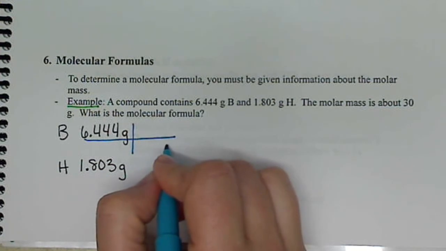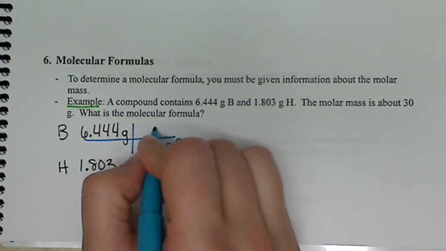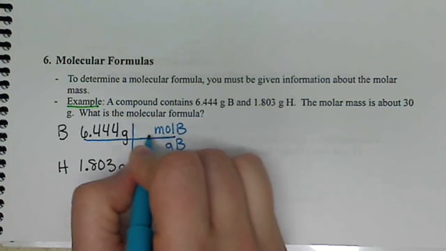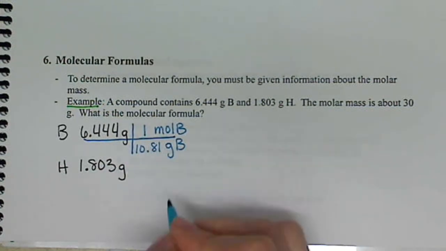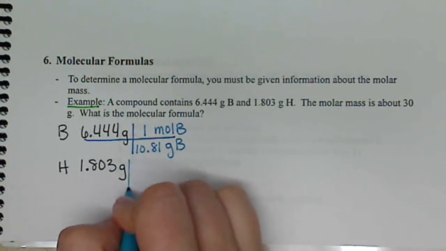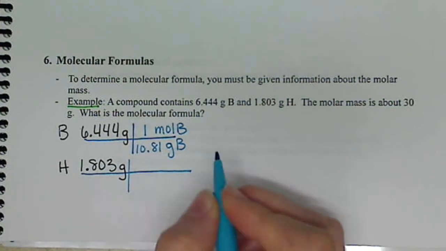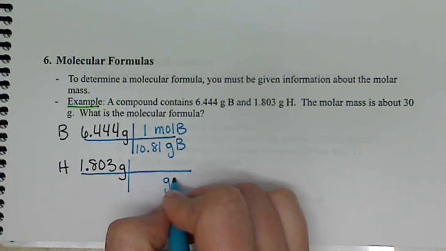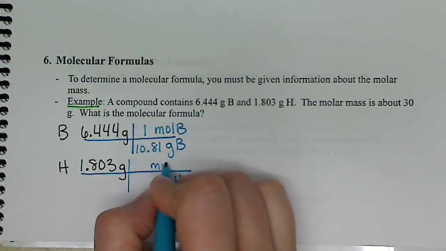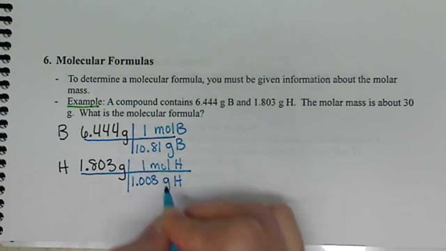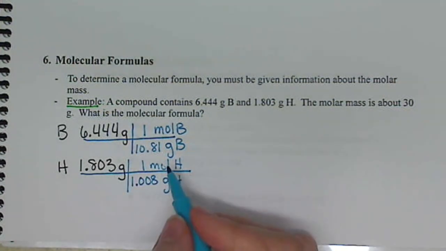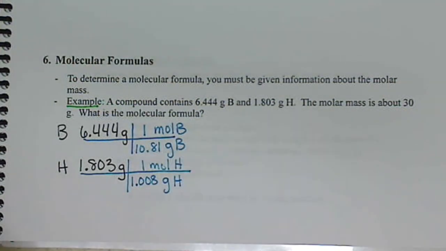So we go from grams of boron to moles of boron. Molar mass of boron is 10.81. Similar calculation for hydrogen. We want to go from grams of hydrogen to moles of hydrogen. We have 1.008 grams per 1 mole. Again, finding that from the periodic table.